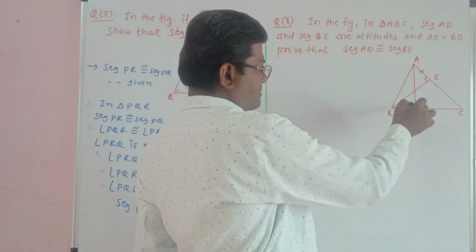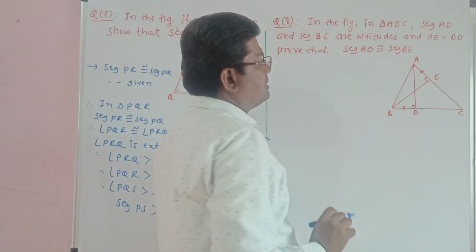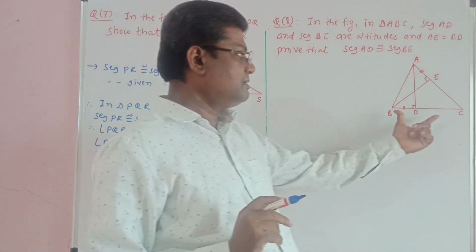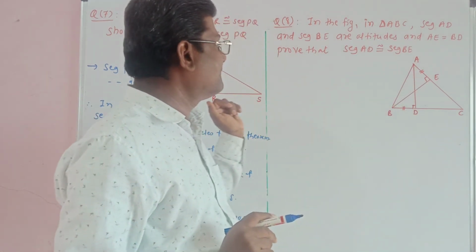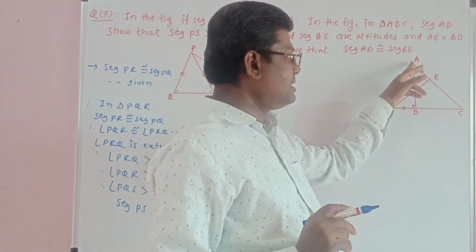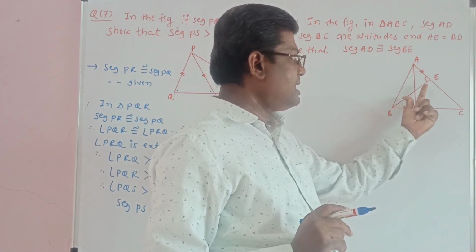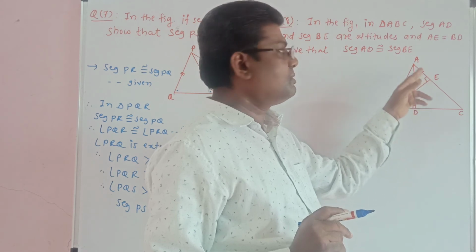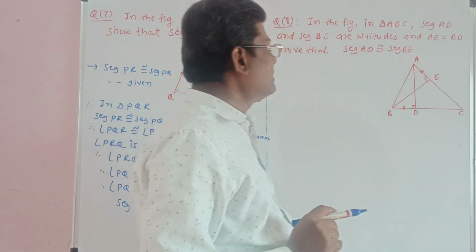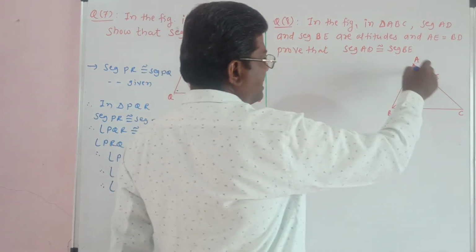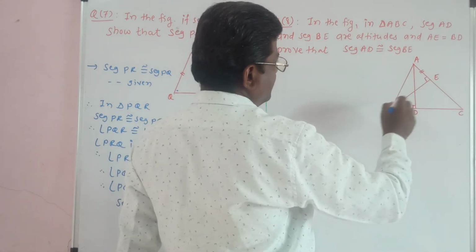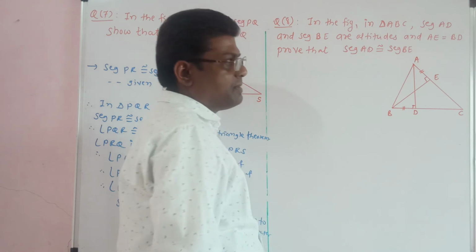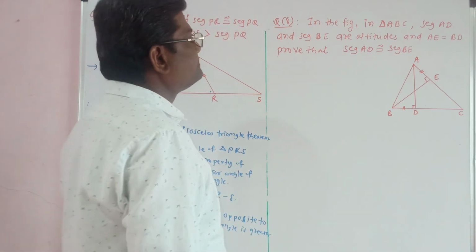Segment AD is perpendicular to side BC, so AD is altitude on side BC, and BE is perpendicular to AC. Therefore BE is altitude on side AC, and also AE is equal to BD. Then prove that segment AD congruent segment BE.